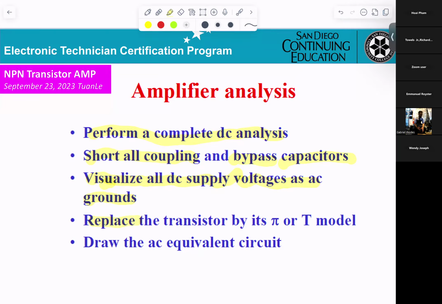Replace the transistor by its AC model. That means for AC you get a different transistor model. And last thing, draw the AC equivalent circuitry. That is the process to work on the AC.